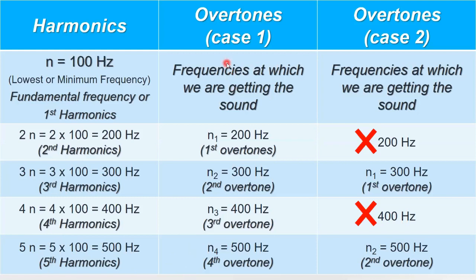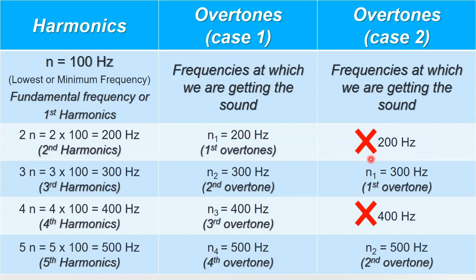Some musical instruments behave like this, while some musical instruments behave like the second case, which we are going to study now. In the second case, the first sound, the lowest frequency which we are getting in the given sound, is 100 Hertz, and we are calling it the fundamental frequency or first harmonic. Now the second sound, the next higher frequency which we are getting, is not 200 Hertz.